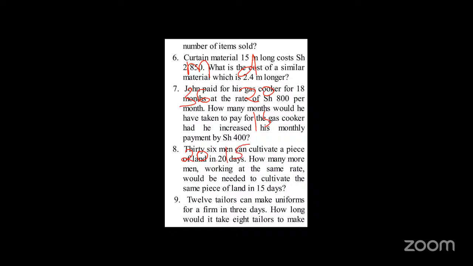So kumaanisha itakuwa ni 20/15 times that 36. So hapo tukisimplify itakuwaje? 3 goes here 5, 3 goes here 12, 5 goes here once, goes here 4. So 4 times 12 tunapata answer ni 48.